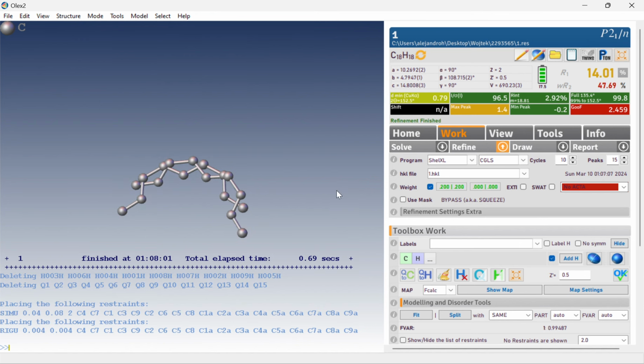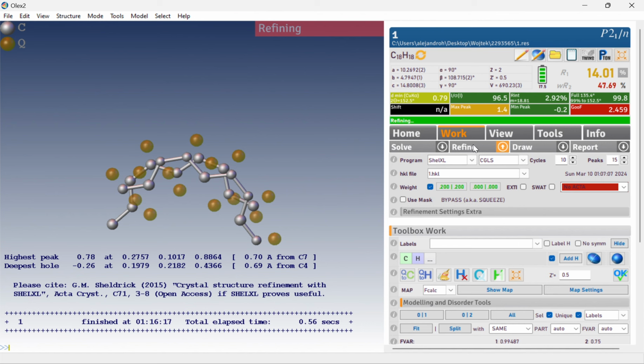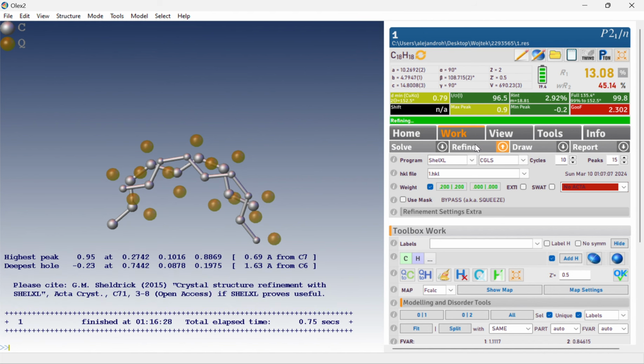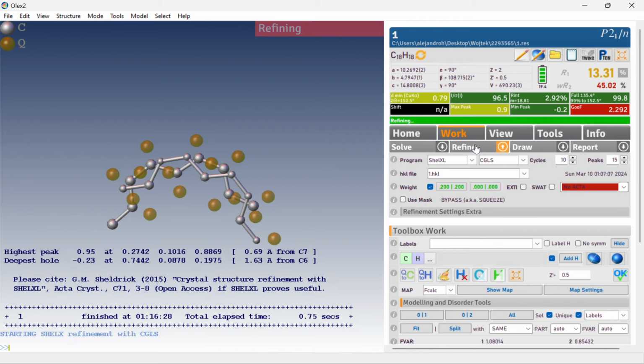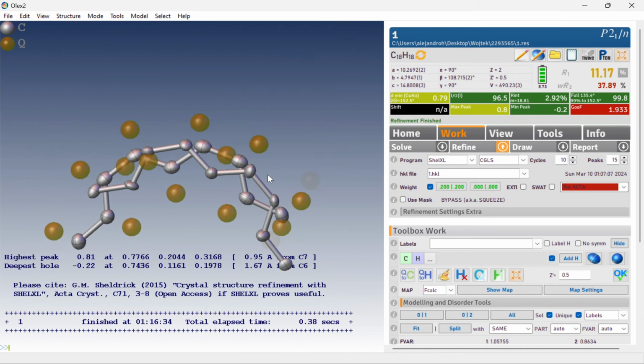And I think we can do the refinement now. Okay. The R factor dropped, not extremely, but now let's try to do the anisotropic refinement. Anis, Control R. Yeah, doesn't look bad, R factor dropped.